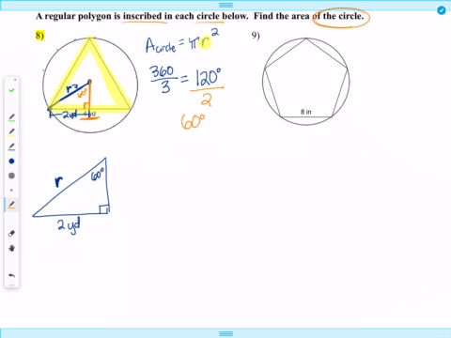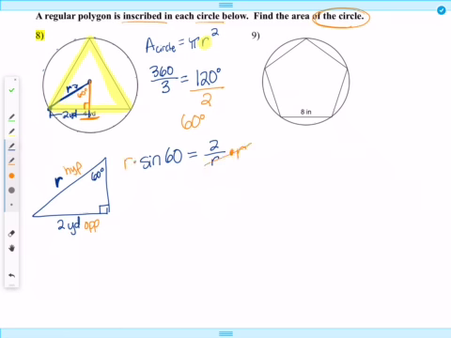Okay, so I'm still going to use trig to find this. The 2 is my opposite. The r is my hypotenuse. So instead of using tangent like we've done a lot, we're going to use sine, because sine is opposite over hypotenuse. So this is going to be sine of 60 equals 2 over r. And the first thing we need to do is get the r out of the denominator.